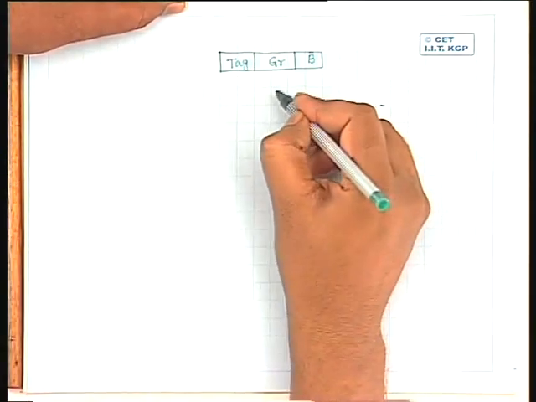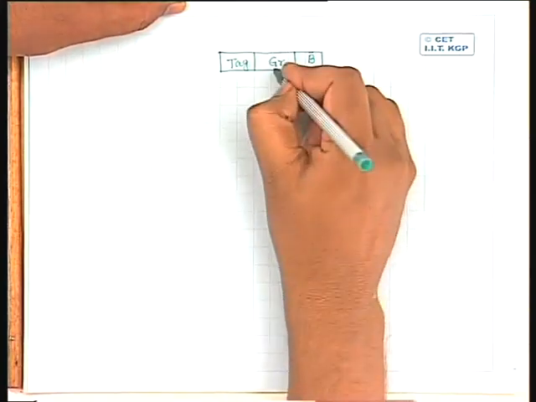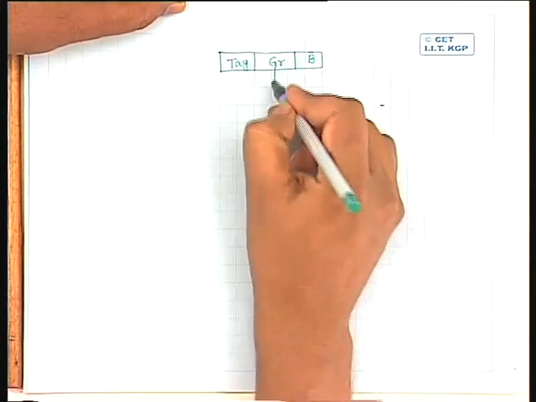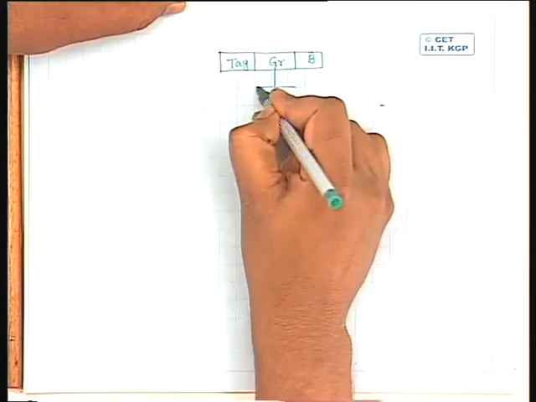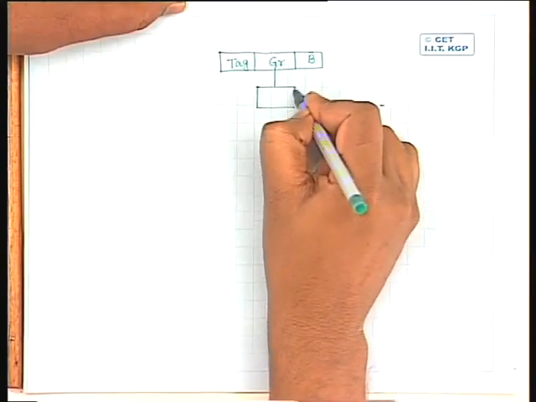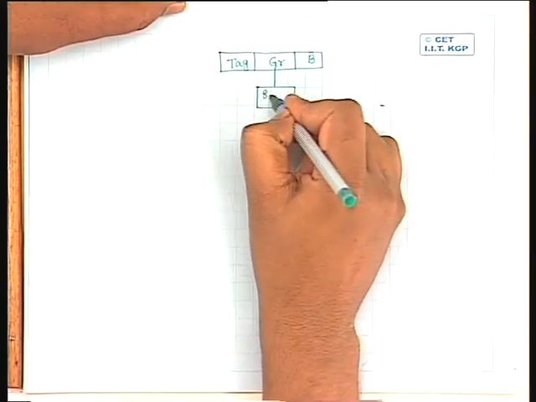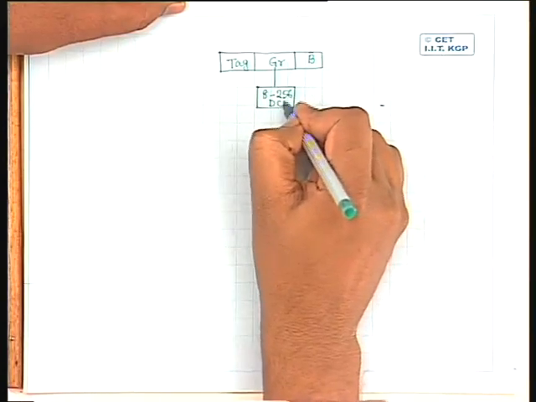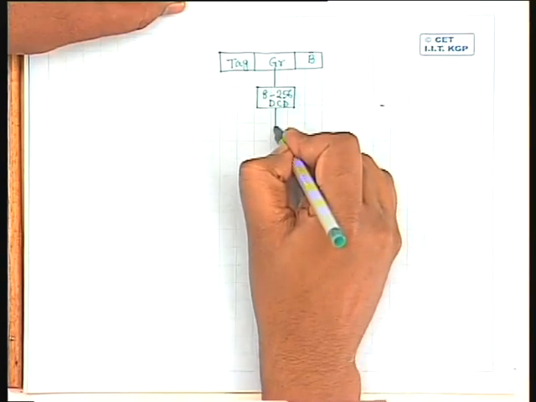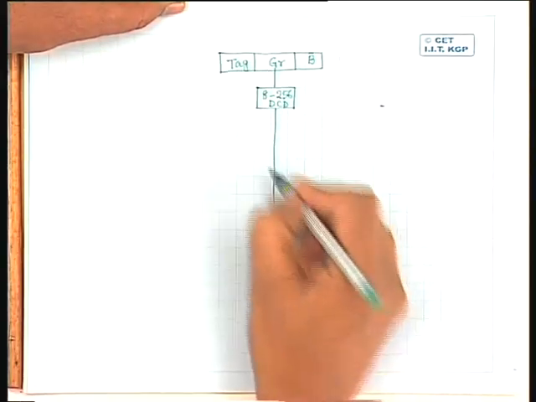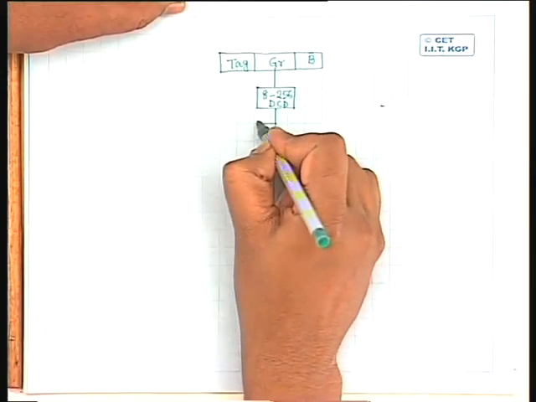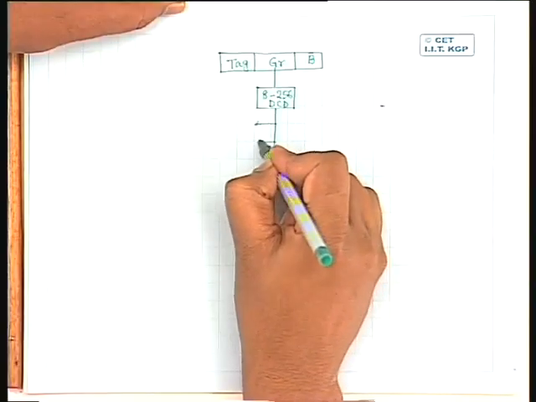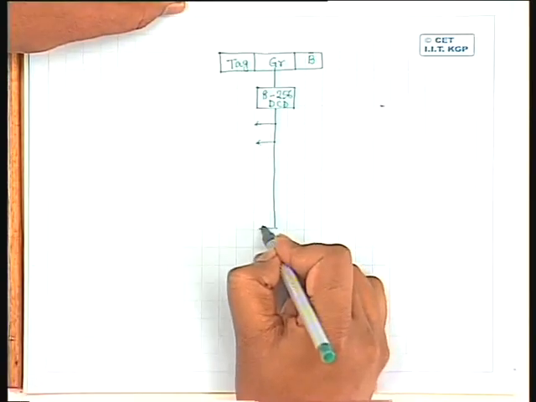Using the same example, since the group field contains 8 bits, this will be fed to an 8 to 256 decoder. Depending upon the values in this group field, one of the 256 outputs of this decoder will be high.